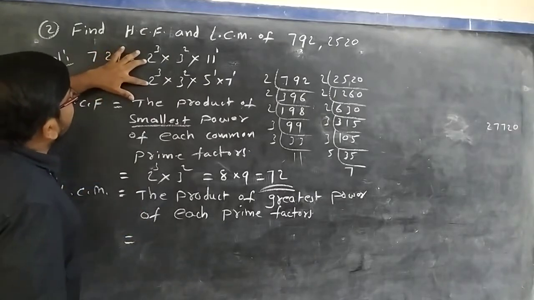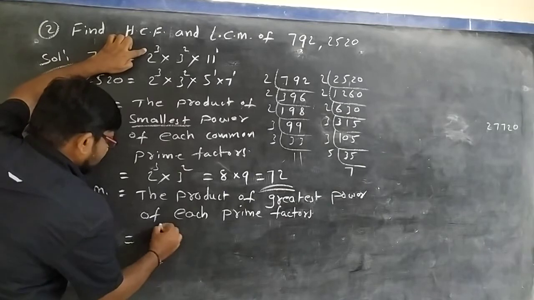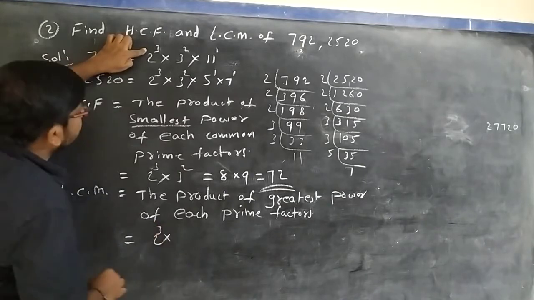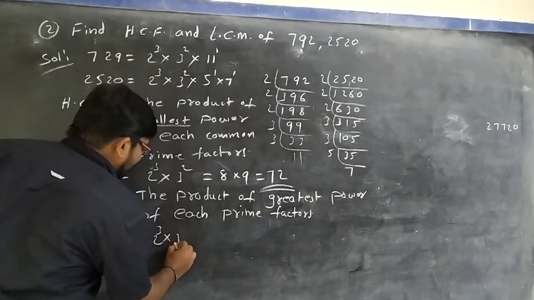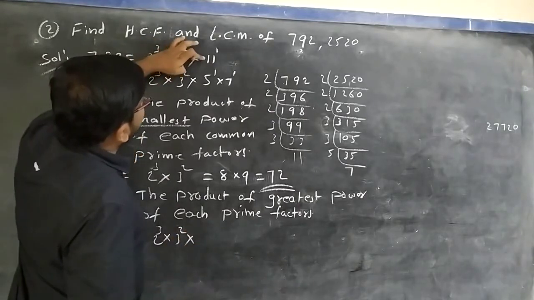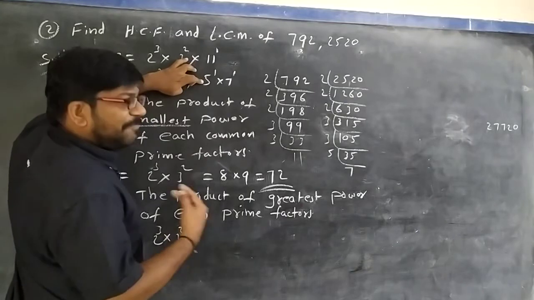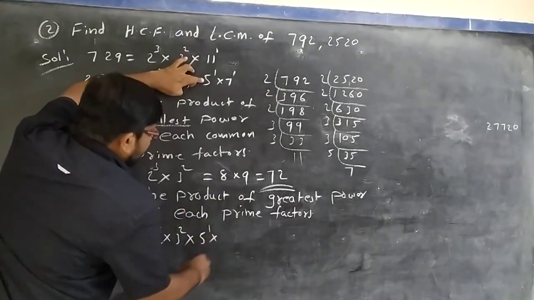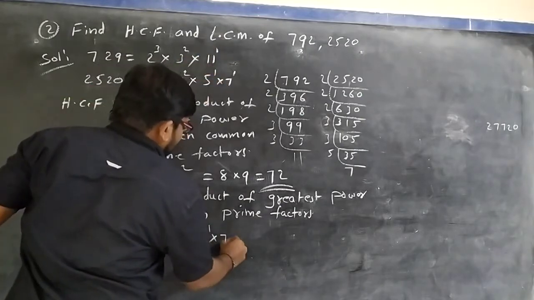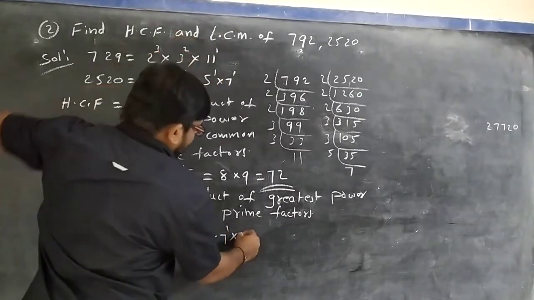See, 2 with the greatest power is 2 cube, into 3 with the greatest power 2, both are the same, 3 square, into 5. You should take all factors. 5 with the greatest power is 5 power 1, into 7 power 1, into 11 power 1.